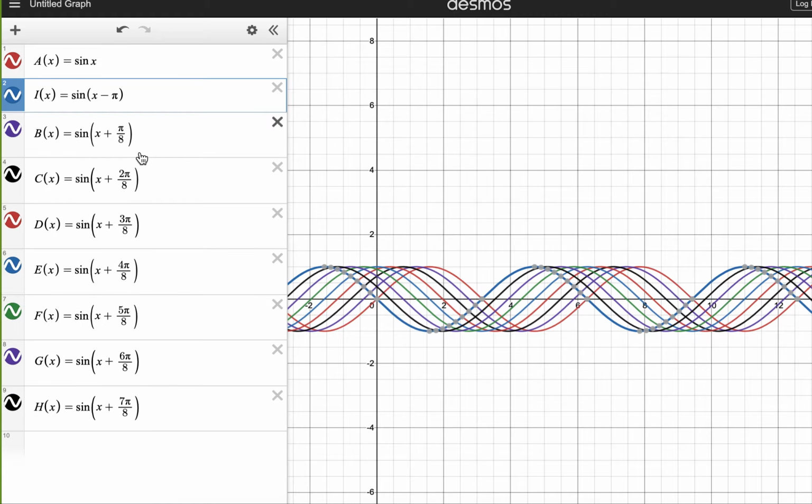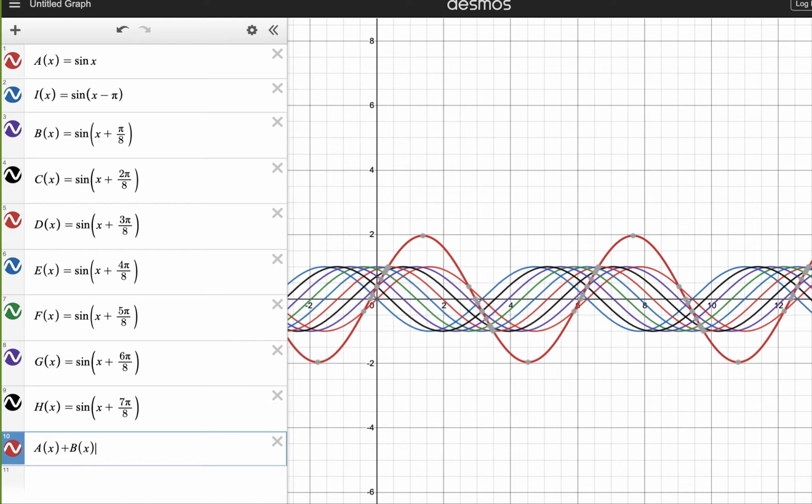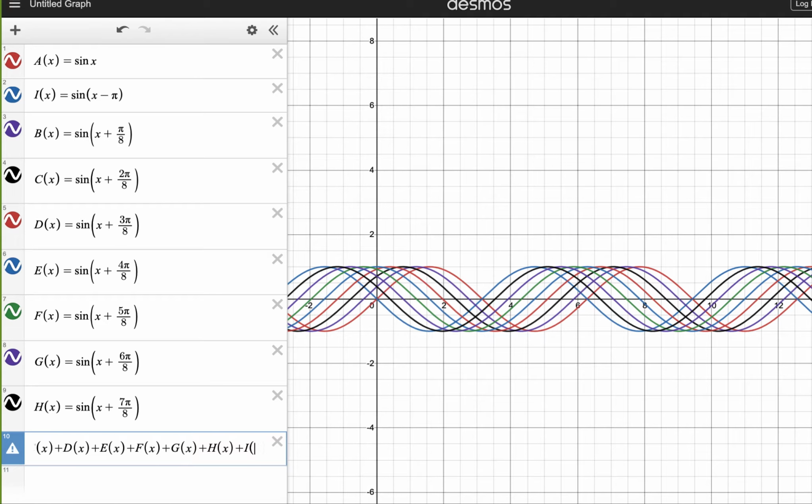We don't need this one anymore. Alright, let's try a of x plus b of x plus c of x plus d of x plus e of x plus f of x plus g of x plus h of x plus i of x.